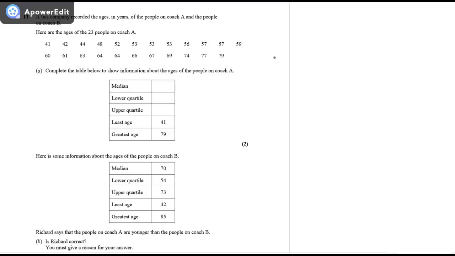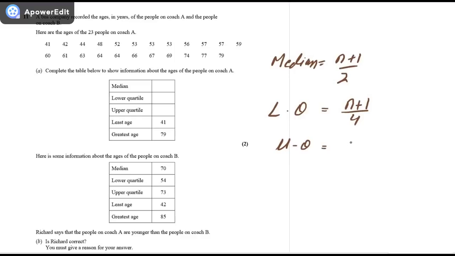To find the median, the formula is n plus 1 divided by 2, and to find the lower quartile, it's n plus 1 divided by 4, because it's a quarter. And to find the upper quartile, the formula is n plus 1 divided by 4, but we times by 3. So these are the formulas.